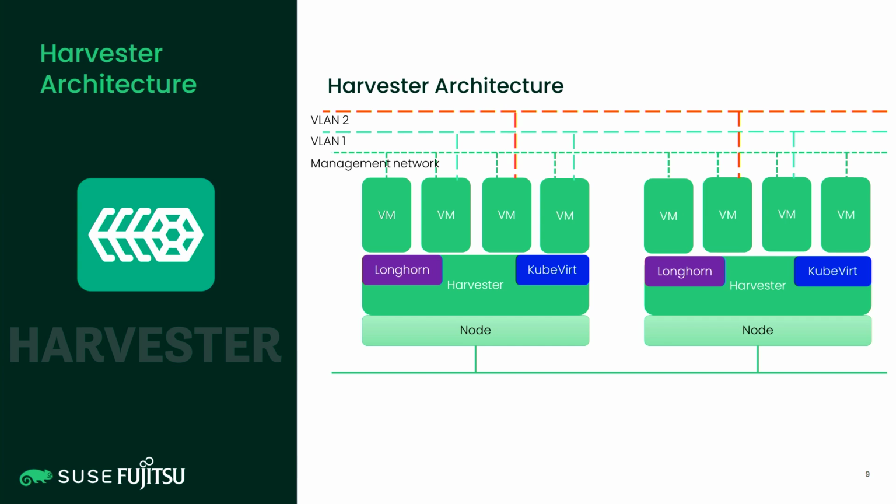And that is the critical point. So the Harvester subscription includes support for Longhorn to provide block devices to VMs.